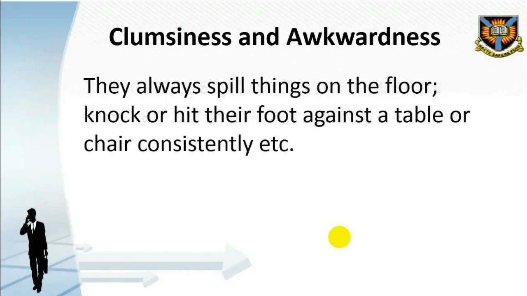They always spill things on the floor, knock or hit their food against the table or chair consistently, etc. Children with learning disabilities can easily destroy things, even though they may show remorse when this happens. This makes them to be seen as destructive individuals.